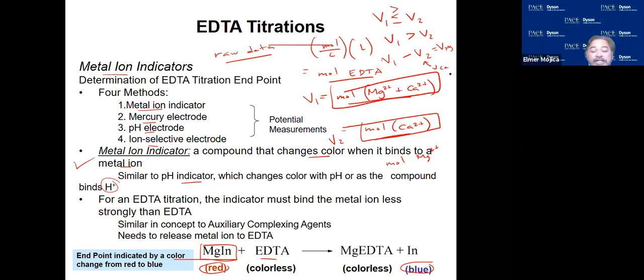Then whatever moles you get, you compare with the one on the label. Or for those who used the sample from the water fountain at PACE, you just report the concentration of the magnesium and the calcium that you have.